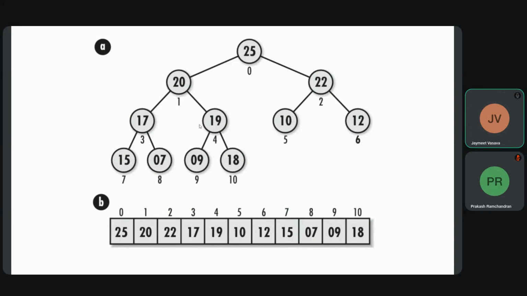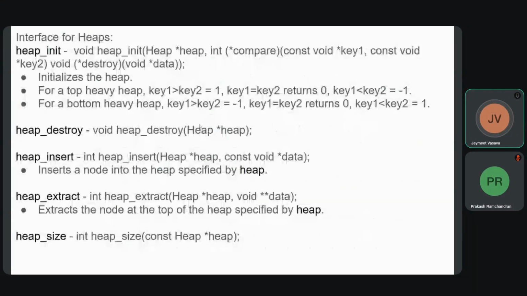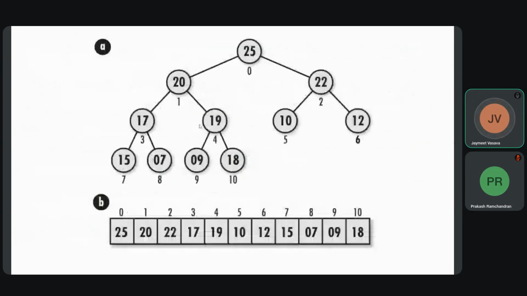In image A it shows us the tree, and in image B it shows us the implementation of it with the help of an array, starting from index 0, which has the value 25, to index 10, which has a value 18.